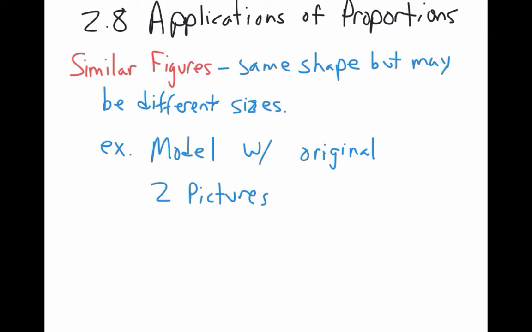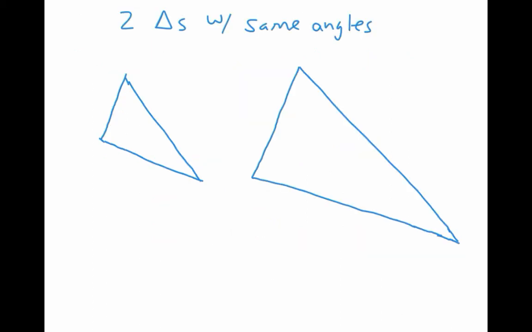Or the more common one that we are going to look at is going to be two shapes, often triangles. So I'm going to say two triangles with the same angles. I drew a couple of triangles there and tried to make them look similar, where the angles are the same. They're pretty close. Draw two like that, one larger than the other.